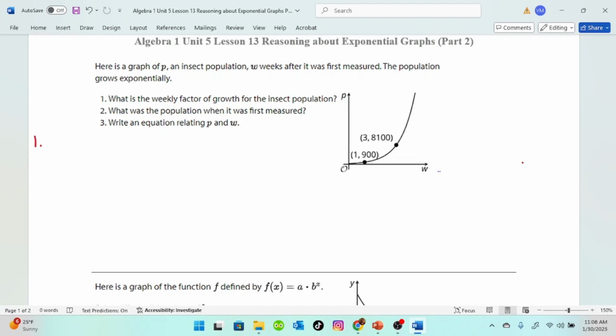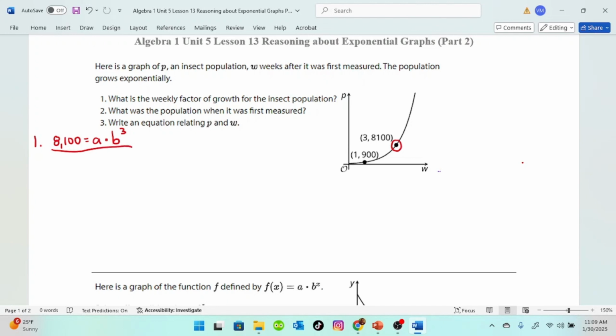For example, we know that y equals 8,100 on this second point. We do not know what the initial amount was, and we do not know the growth factor, but we do know that x is 3.